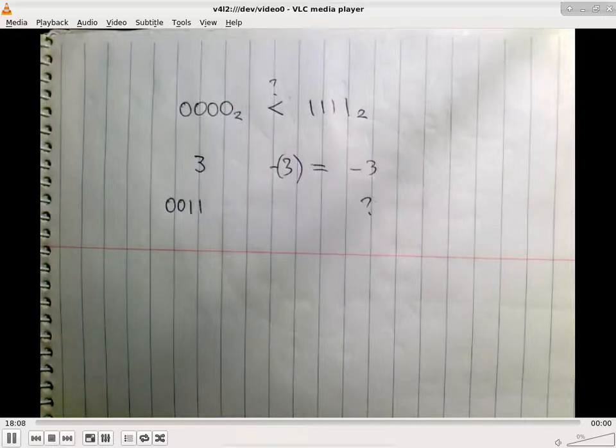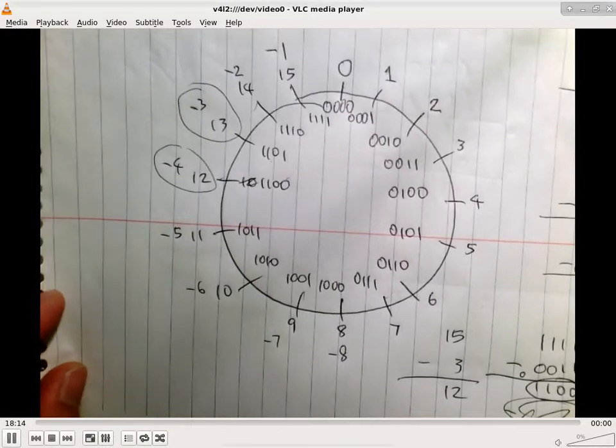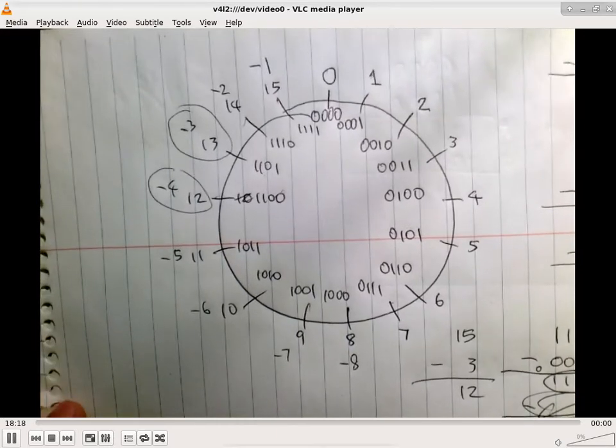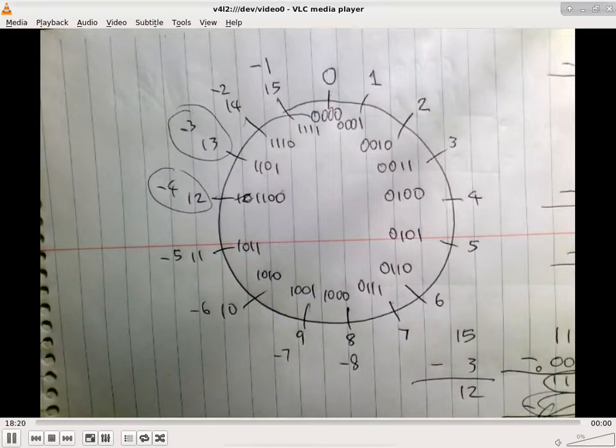So the first thing we do is we look up the table, see if we can get some clues. So we look up this table, or circle, wheel, okay? Do you notice anything that is true for all of the values that can be interpreted as both negative and positive? They're equidistant from 0, right?